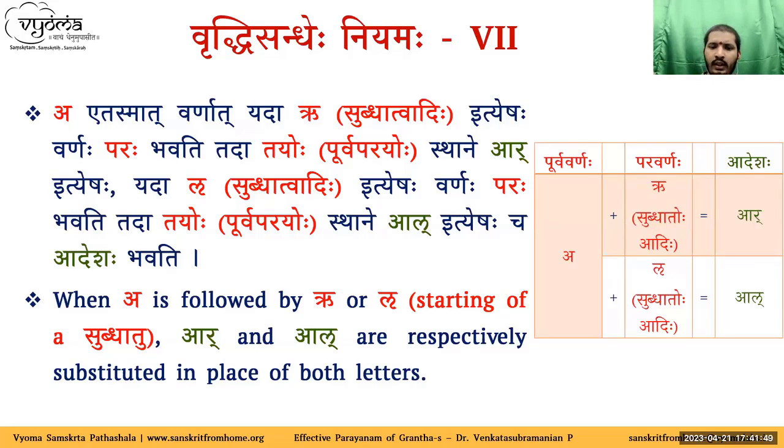When a is followed by ṛ or ḷ, it should be the starting letters of subdhatu. Then we get the adesha ār or āl in place of these two letters, that is purva and paravarna.